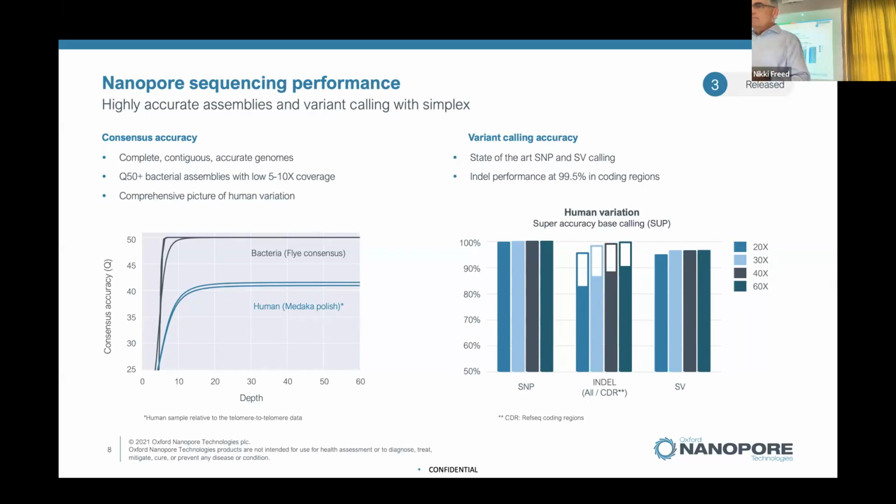Variant calling has been improving substantially over the last 12 months, and I'm really happy to report on SNPs. When I first joined 4 years ago, I didn't think we were even in the ballpark for SNP accuracy. At 20-fold coverage or above, you're looking at 99 to 99.99% accuracy for SNPs. And the great thing is we give you access to nearly the whole genome.